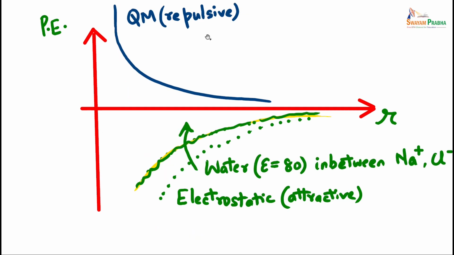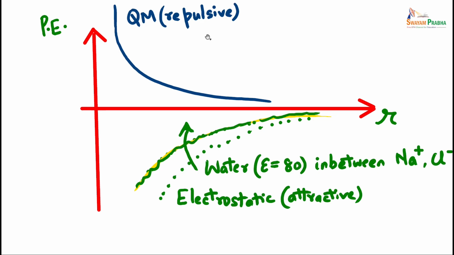Water now has this high dielectric constant of 80, and that should suppress the electrostatic interaction. It doesn't affect the quantum mechanical term, which remains what it was. If a water molecule could be present between Na plus and Cl minus, it's very tiny, let's say it could enter there, and if we still allow epsilon to be 80, now we can question, will it still be 80 when it is just sitting in between? Then this curve should shift up.